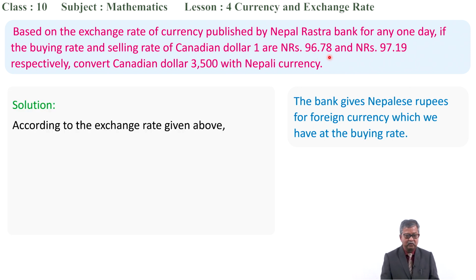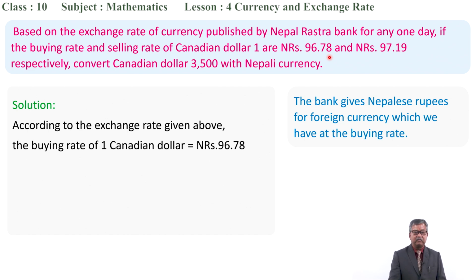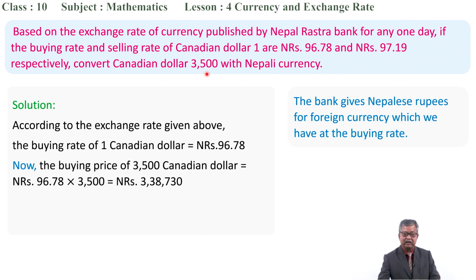So let's see the solution. According to the exchange rate given above, the buying rate of 1 Canadian dollar is equal to Nepalese rupees 96.78. Then how many Canadian dollars here? 3,500. That's why you can find the Nepali rupees of 3,500 Canadian dollars. So we have to multiply: 3,500 multiplied by 96.78.